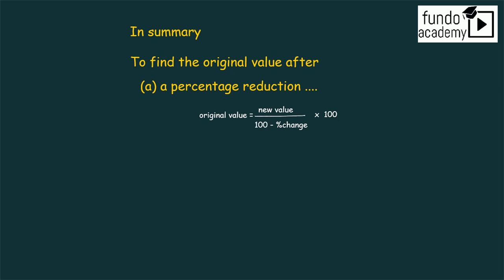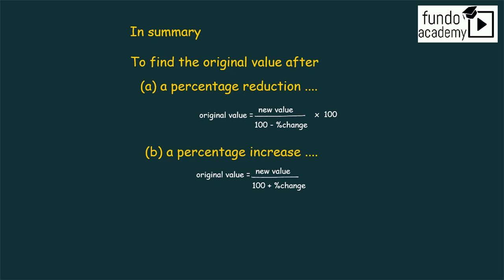So to find the original value on part B, that is after a percentage increase, we use the formula original value is equal to new value divided by 100 plus the percentage change, and that is multiplied by 100. So this is the summary of what we were doing.